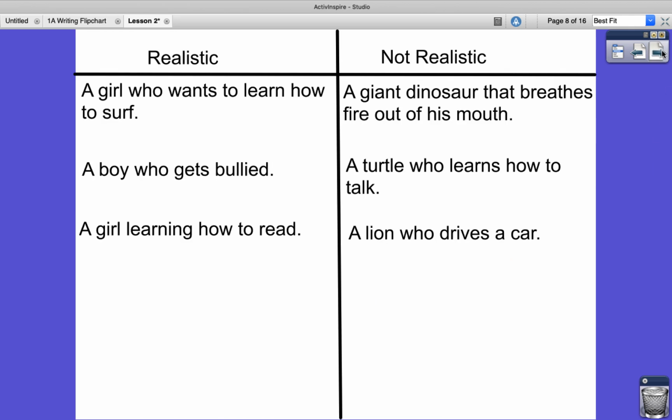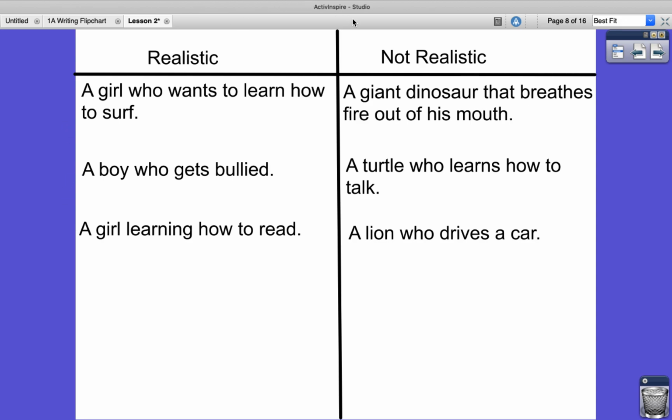So let's look at a list that the class came up with. So we have some realistic fiction. So again, remember, realistic fiction means that it's a made-up story, but it could really happen in real life. So we could have a story about a girl who wants to learn how to surf, a boy who gets bullied, or a girl learning how to read. These are all situations that could happen in real life.